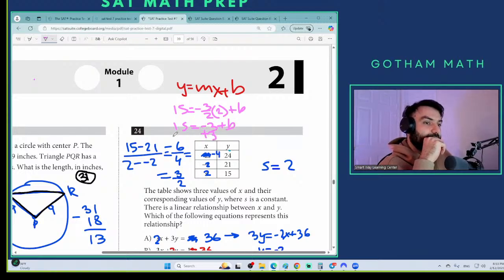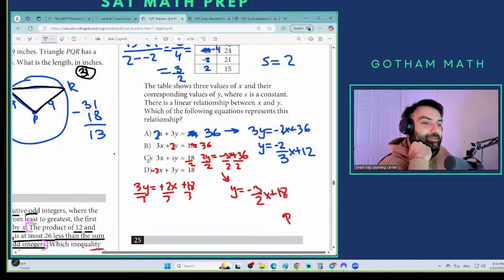And then we add 3 to both sides, and we get 18. So the correct answer is B. The red color I chose for B.